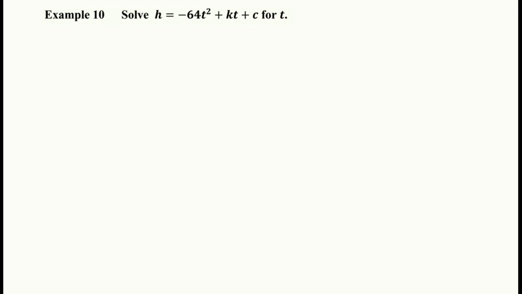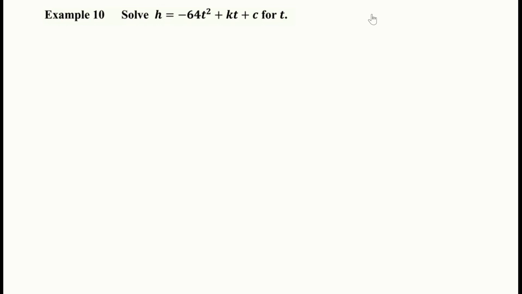All right, next we want to solve this particular quadratic for t. So basically t is the only letter we're going to treat like a variable, and we will treat all the other letters like a constant, similar to -64 or 5, 10, etc., pi. So in order to put this in standard quadratic form, which helps us get to a point where we can apply the quadratic formula, we'll go ahead and move all terms to the left side and get 0 on the right side.